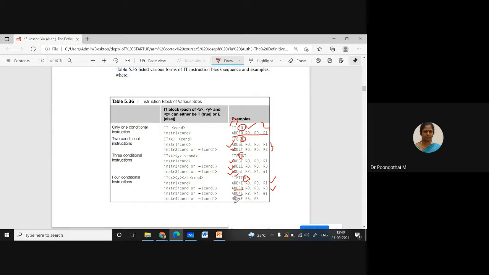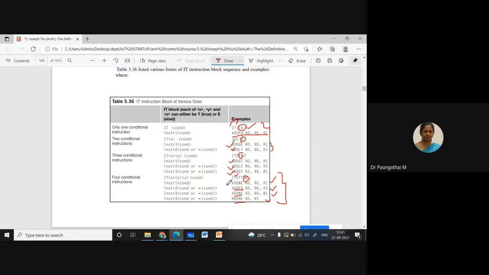So we can incorporate four conditional statements under one block. I will give a more detailed explanation in unit 2.